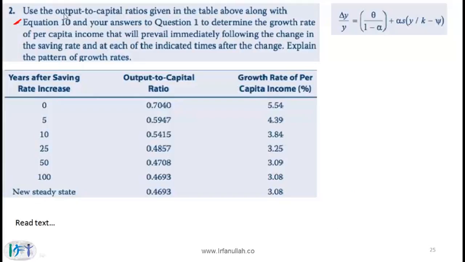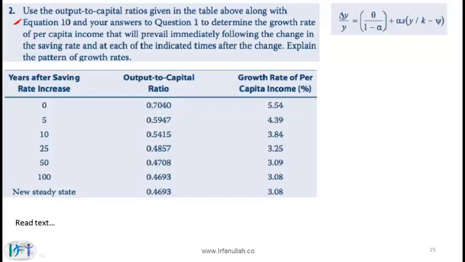Part 2 says, using the output to capital ratios given in the table along with equation 10 and your answers to question 1, determine the growth rate of per capita income that will prevail immediately following the change in the saving rate and at each of the indicated times after the change. And then we are supposed to explain the pattern of growth rates.